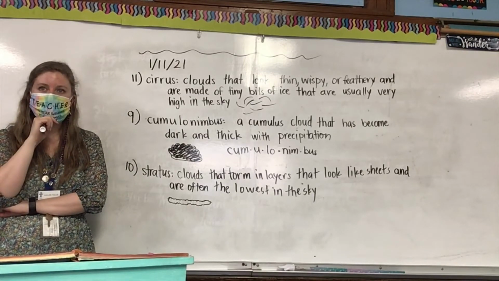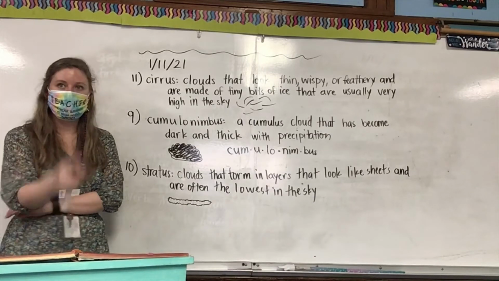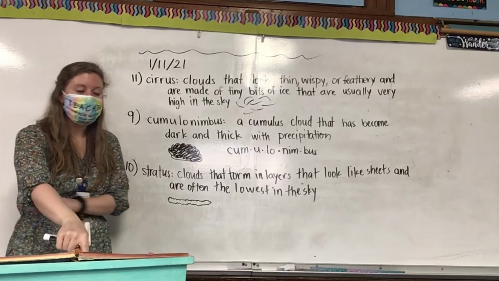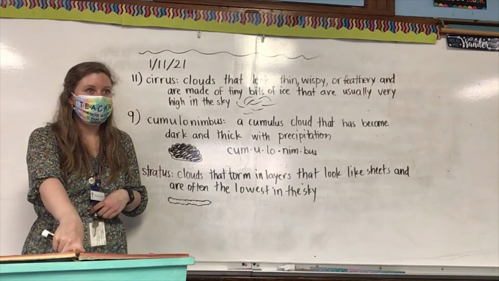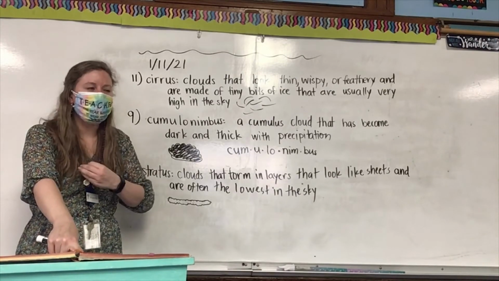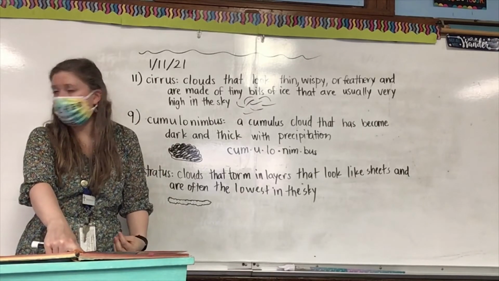Can we have cirrus clouds in the summer? Have you seen clouds like this in the middle of summer when it's really hot? Yeah. So just because they're made of ice, does that mean that that ice is going to make it all the way to the ground? No. If they did form precipitation, which I don't think that they can, it would definitely melt if it was hot by the time it got to the ground.